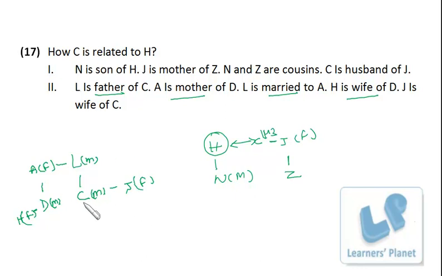We can easily say that this is a brother-in-law and sister-in-law relationship, right? C and D are real brothers, and H is wife of D, so H should be sister-in-law of C. So statement 2 alone is sufficient to answer the question. I hope you are clear.